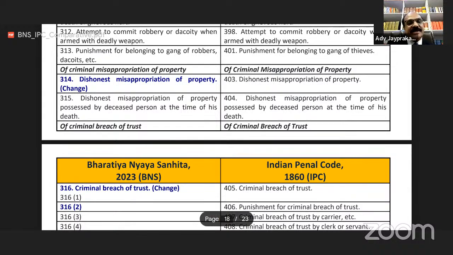BNS section 315, dishonest misappropriation of property possessed by a deceased person at the time of his death. Its earlier section was IPC 404.